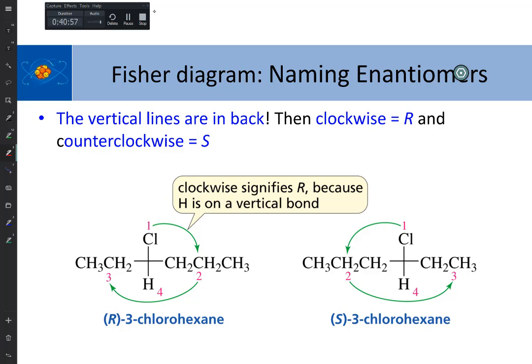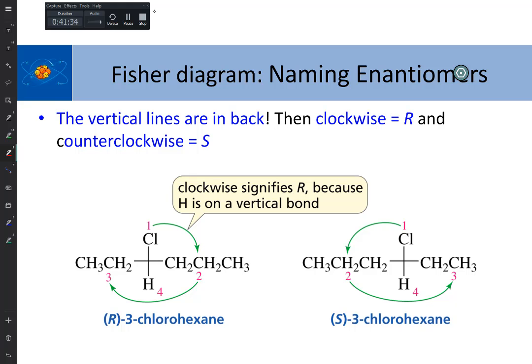So this one designates as R. Remember, top and bottom are in the back. If it helps you, just draw the arrow to 1 and 2, and that usually is the easiest. And you just imagine the rest, right? This is going S. But the hydrogen's in the back, so it makes it easy for you to do that.